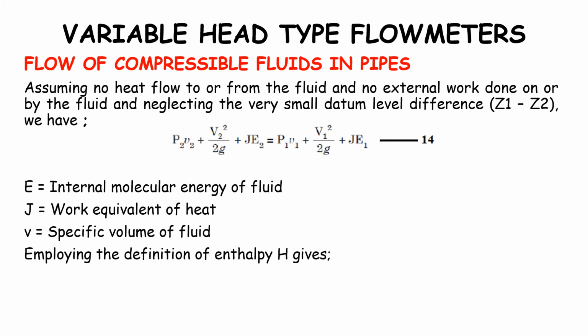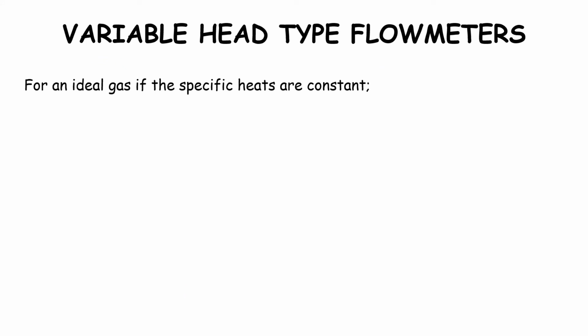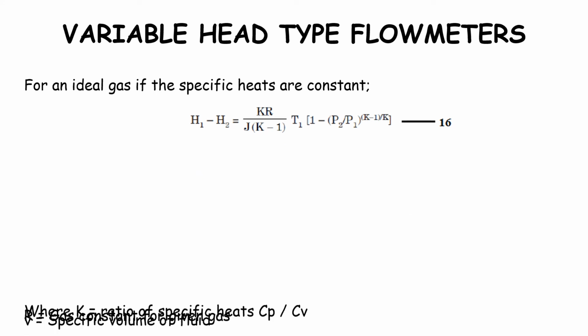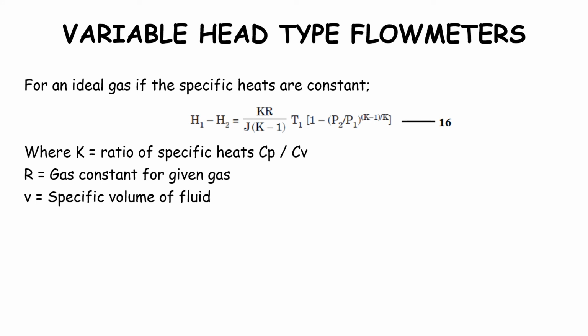Employing the definition of enthalpy H gives this expression, V2 square minus V1 square is equal to 2gJ times H1 minus H2. For an ideal gas, if the specific heats are constant, we get the H1 minus H2 expression, where K is equal to the ratio of specific heats, which is Cp divided by Cv.